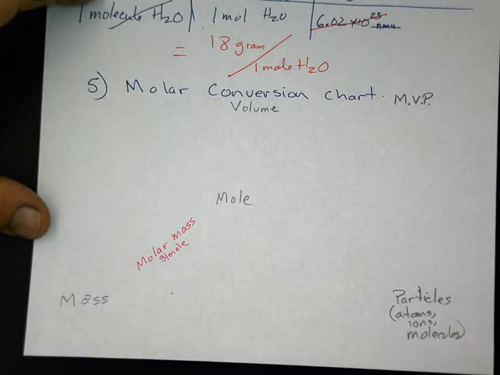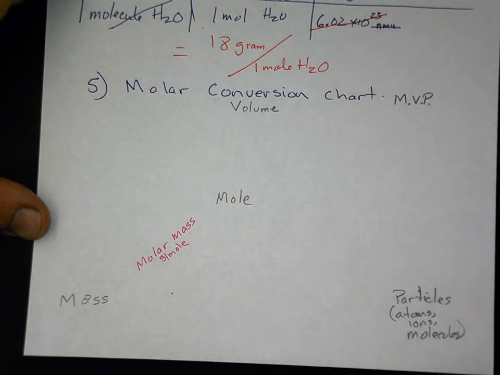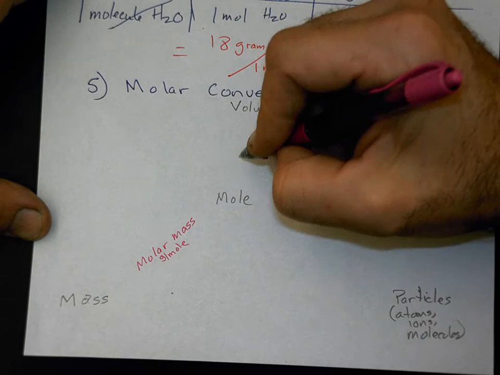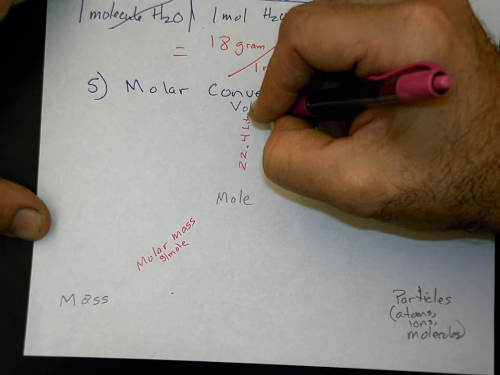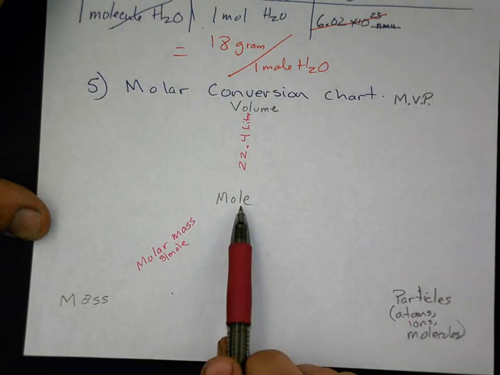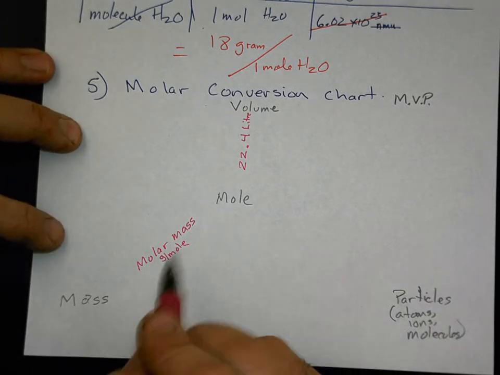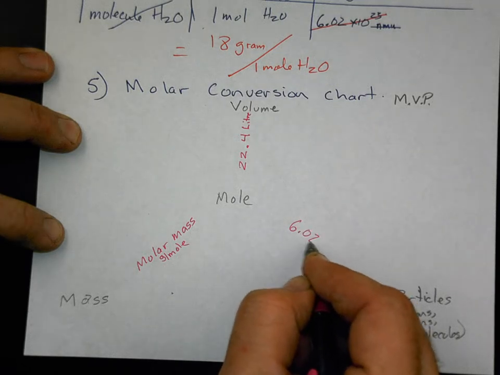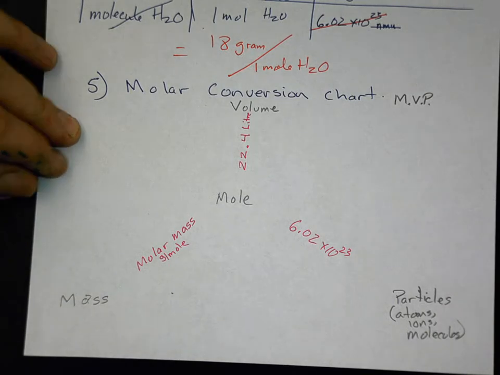Now between the mole and volume, in the notes I gave you before, we said that 1 mole of a material is 22.4 liters. So we're going to put right between mole and volume 22.4 liters. That's our conversion number here. And then between moles and particles, it's going to be Avogadro's number, 6.02 times 10 to the 23 atoms, ions, or molecules.